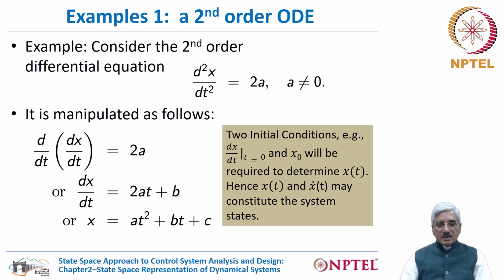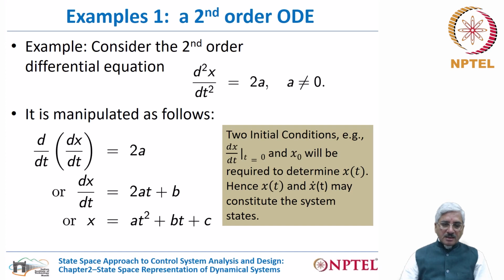First example is that of a very simple second order ordinary differential equation in which the left hand side is the second derivative of the quantity x and the right hand side is just a constant 2a, and a is not equal to 0 in that. A few very simple mathematical manipulation steps are shown here.